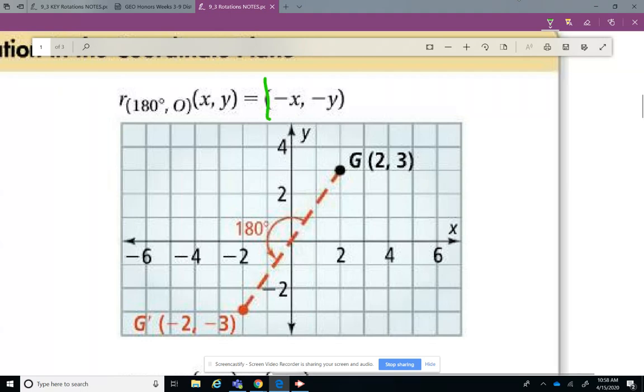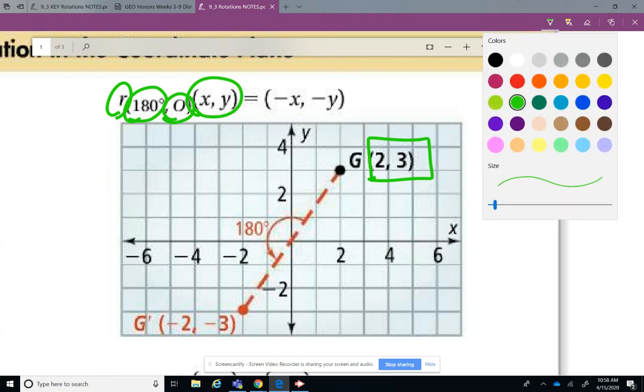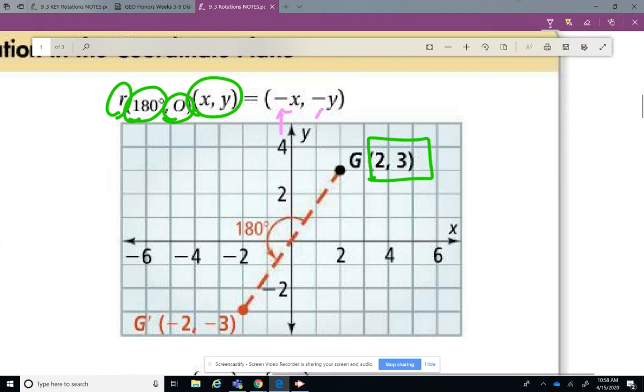So this is the rule. If I rotate 180 degrees about the origin and I'm rotating my point XY, look right here at this point, look what happens to your X and your Y. Your X and your Y just become opposites of whatever they are. So in this case, you write the 2 and the 3 and you put negatives in front. And doesn't that match what we got?